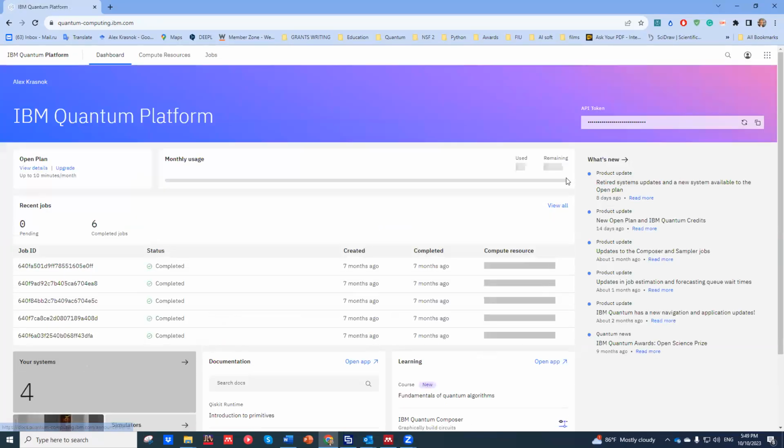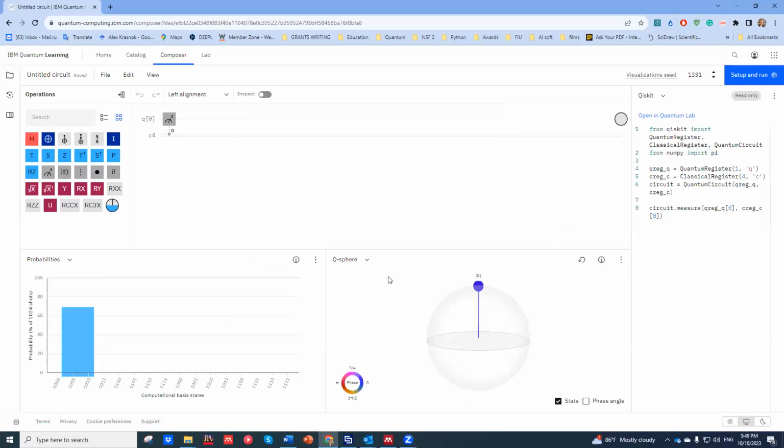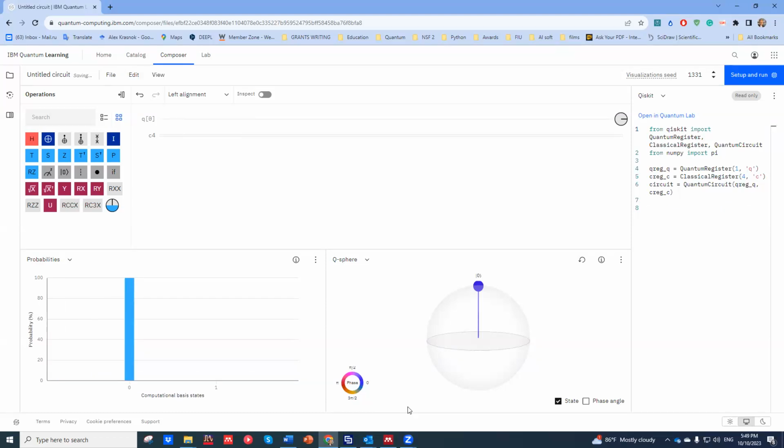So IBM Quantum Platform, then you navigate to IBM Quantum Composer. You click here. In your case, it's gonna be an empty space like this. You might have more qubits here; in your case it might be something like 2 qubits or 3 qubits.